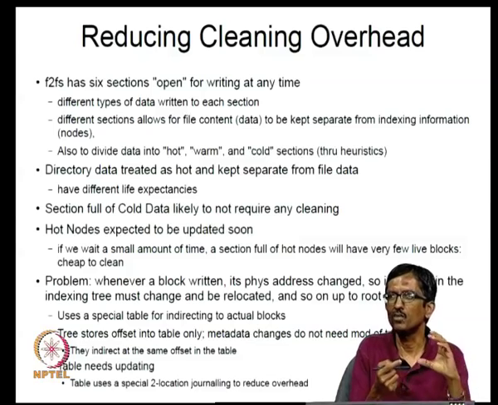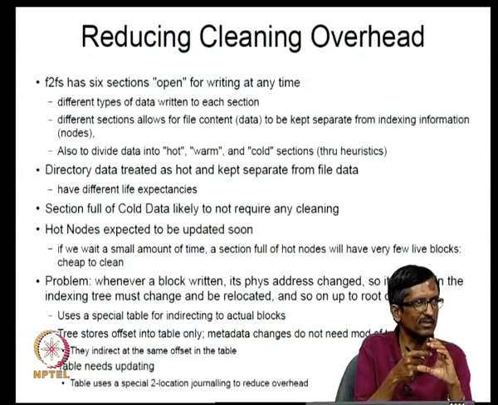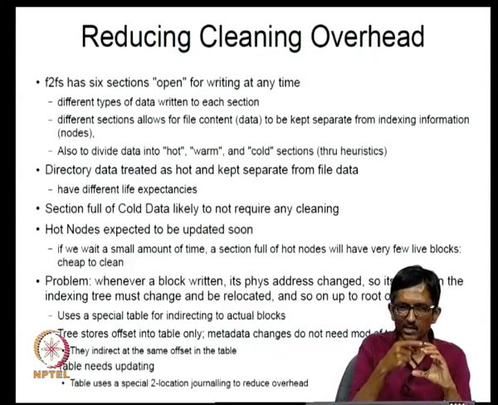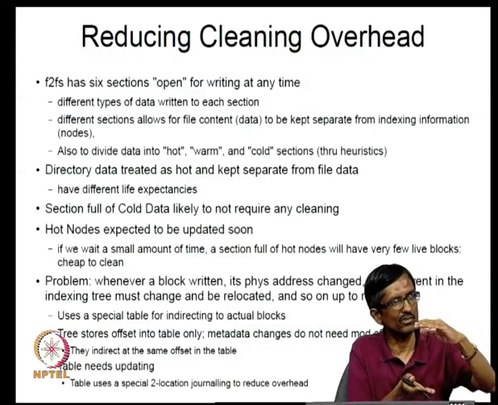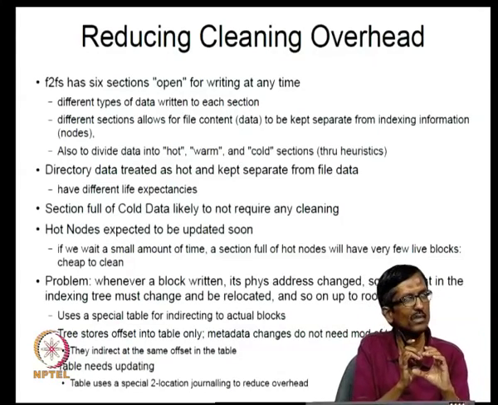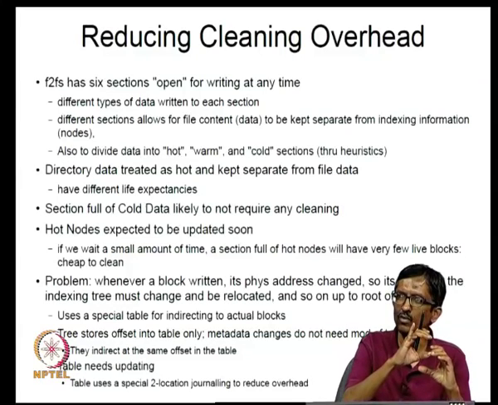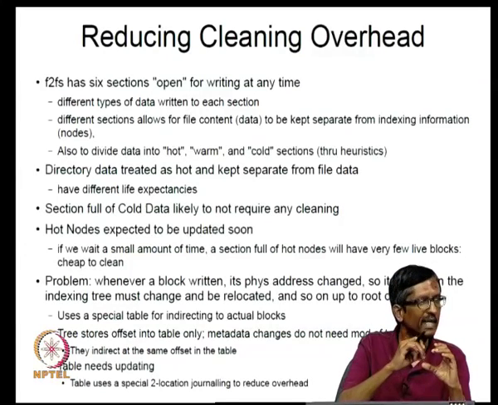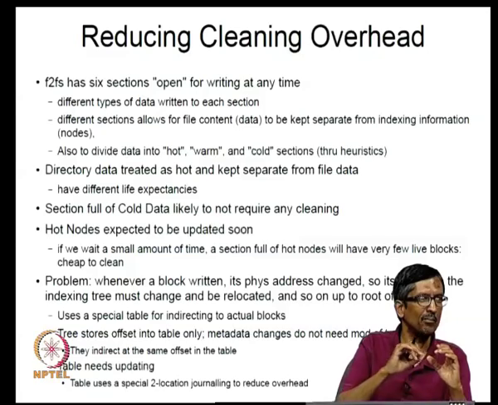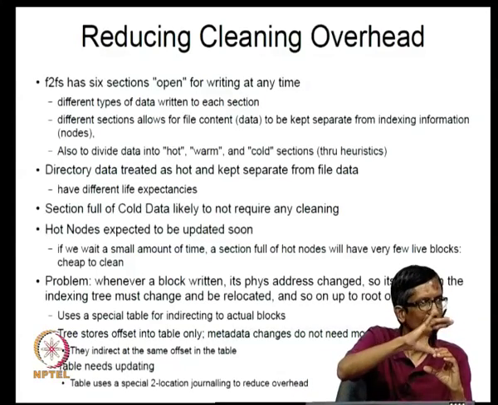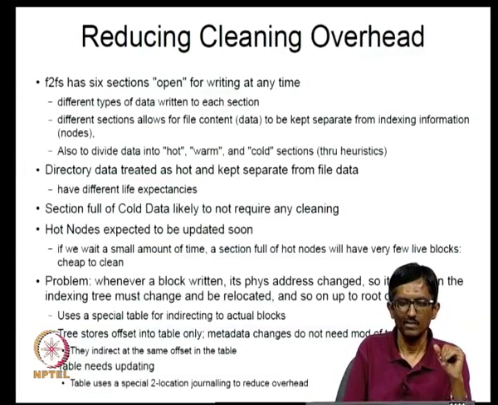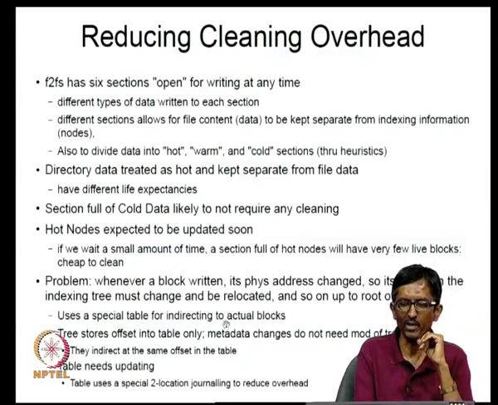What you do is the offset is always fixed. So the tree is always talking about offset into this new table, but essentially you are indirecting it through a fixed offset location, and then that gets updated, but the tree itself is having the same offset all the time. You use a special table for indirecting to actual blocks.